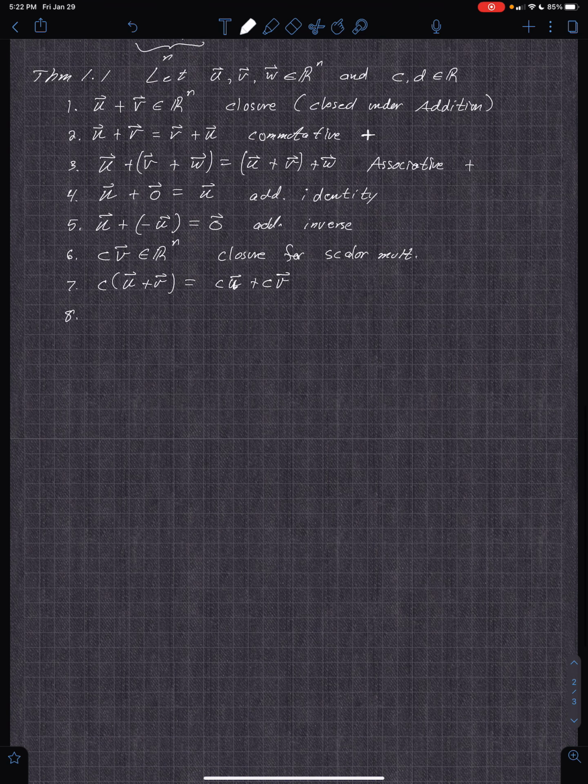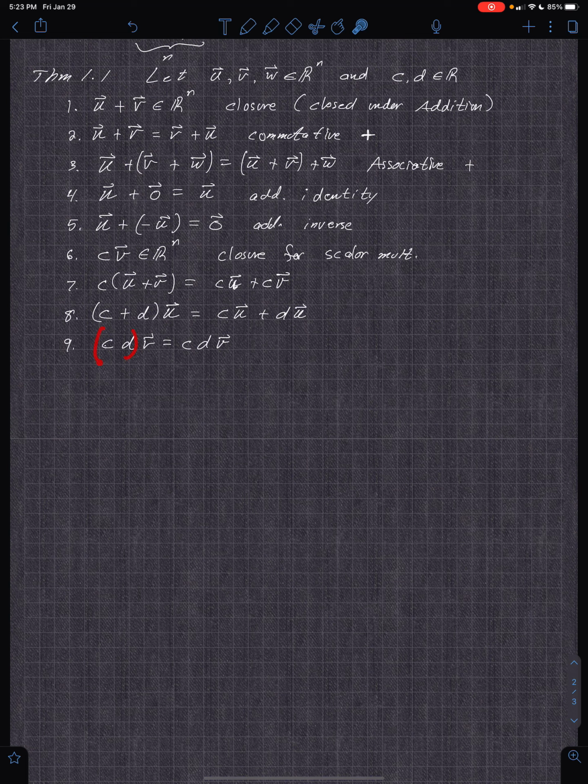Number 8, another type of distributive with scalars. (C plus D) times the vector U is equal to C times U plus D times U. Again, another distributive for scalars. Number 9 is an associative for scalars, C(dV). So again here, you have to decide what to do.